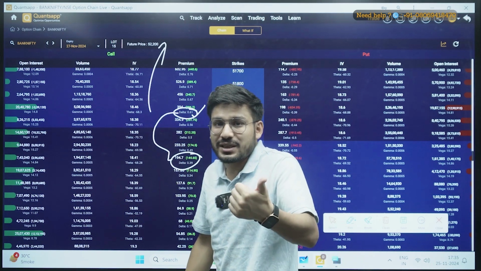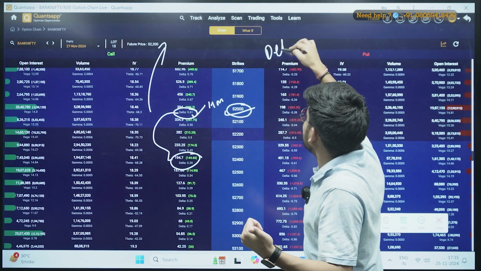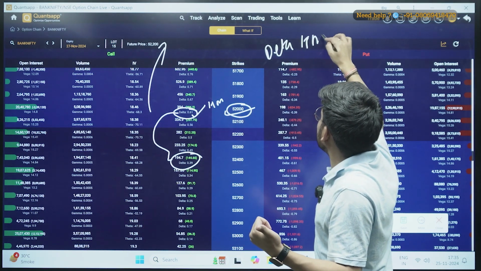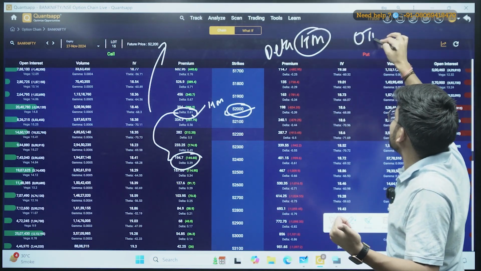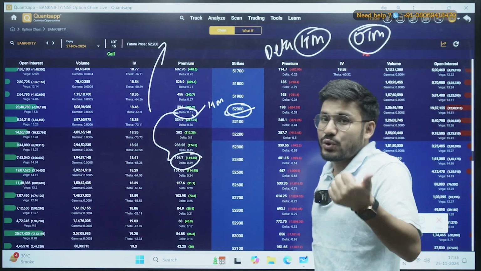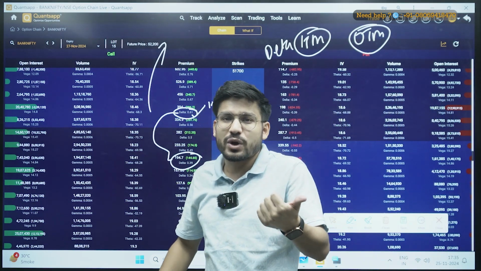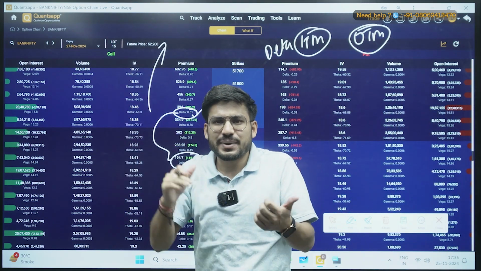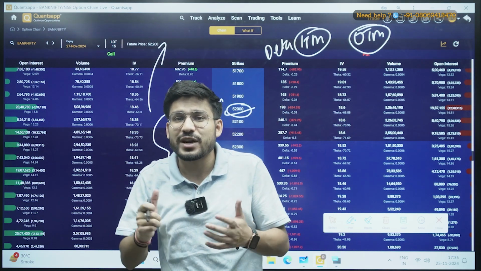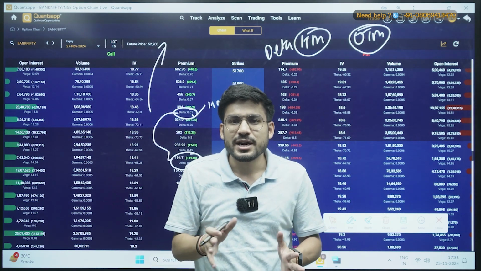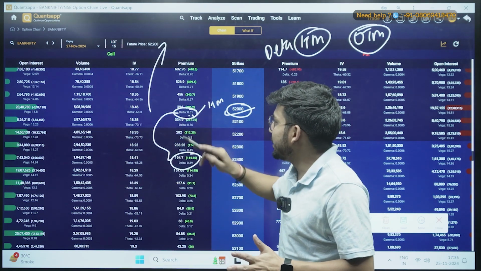So one thing from here: my delta will be greater for my ITM in comparison to the OTM. So it is better to trade in ITM options, not that deep ITM, but it is better to trade in the ITM options whenever you are very far from the expiry, right?